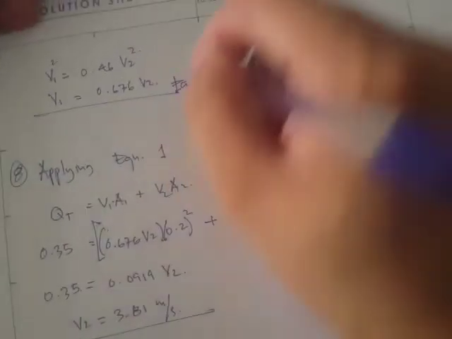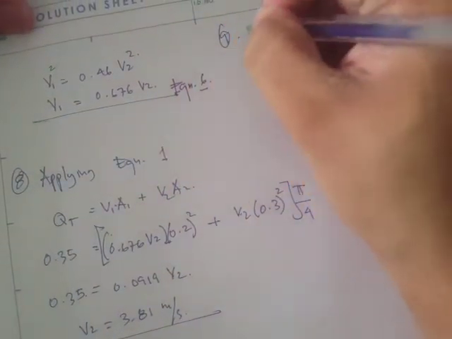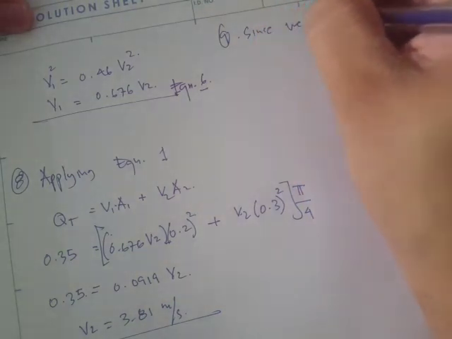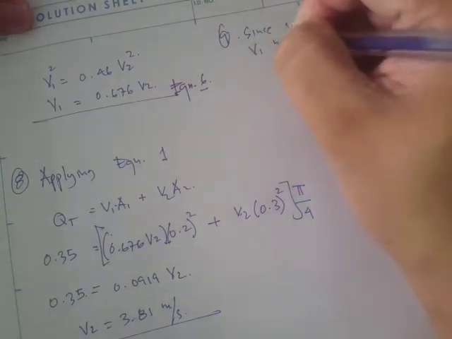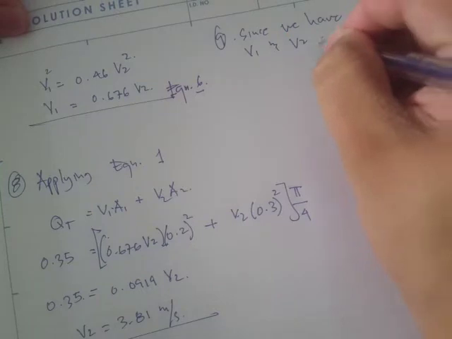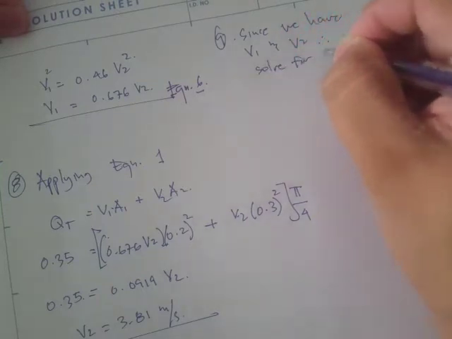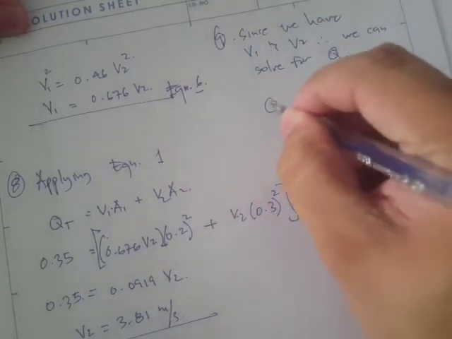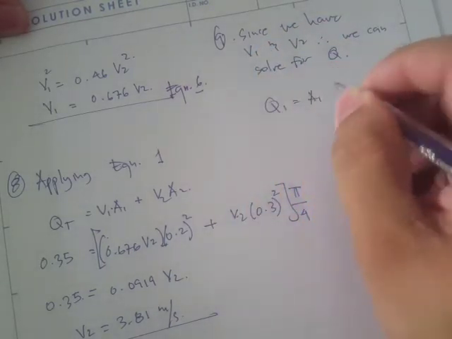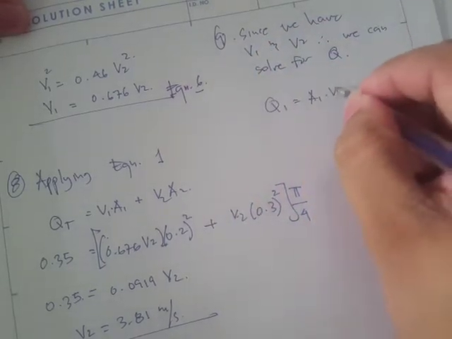Okay, the next step is since we have v sub 1 and v sub 2, we can solve for q. So q sub 1 is simply the area at pipe 1 times the velocity at pipe 1.